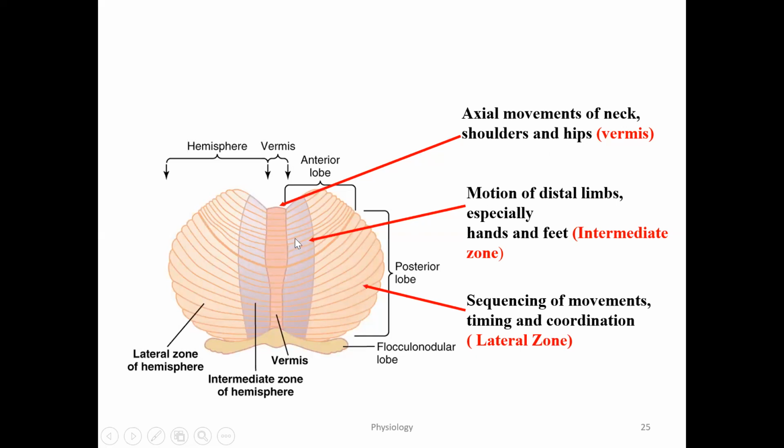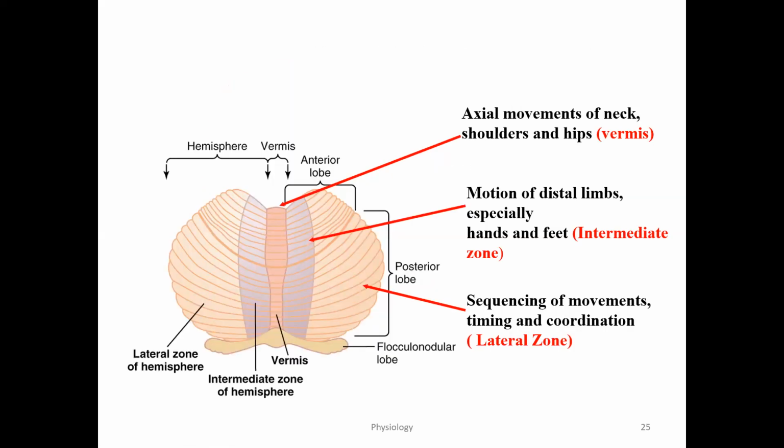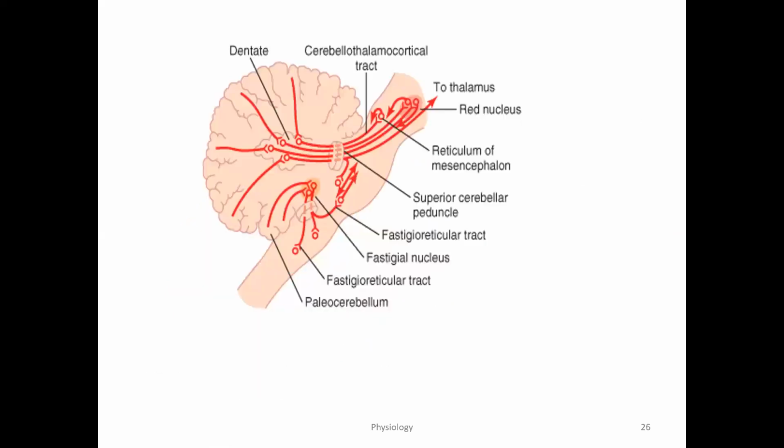And the intermediate zone is mainly for motor movements of the distal limbs, especially hands and feet, while the flocculonodular lobe is important for posture and equilibrium. So these are the different outputs from the cerebellum.